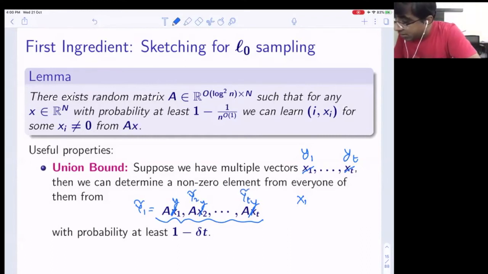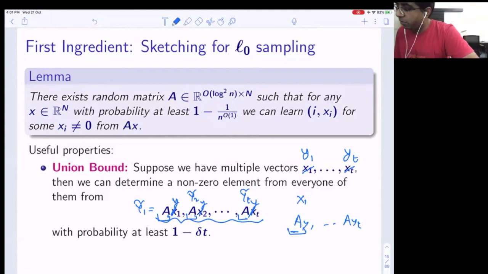Notice that I'm using the same matrix A to sketch all of them, and with the help of the same matrix I want to learn a non-zero coordinate for each of these. How can I do this?